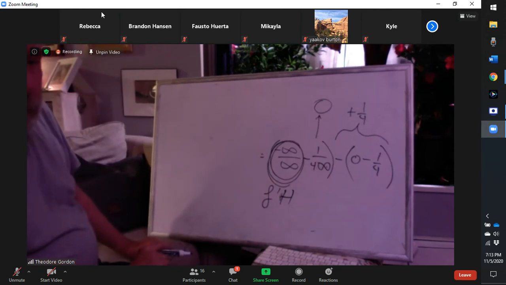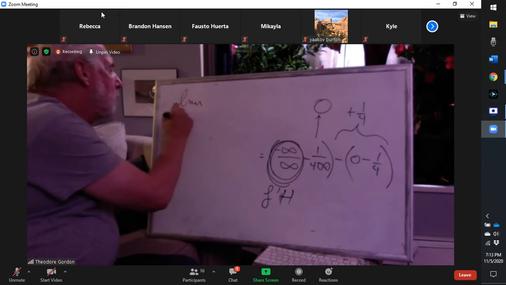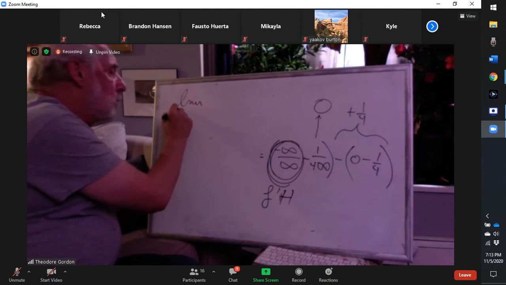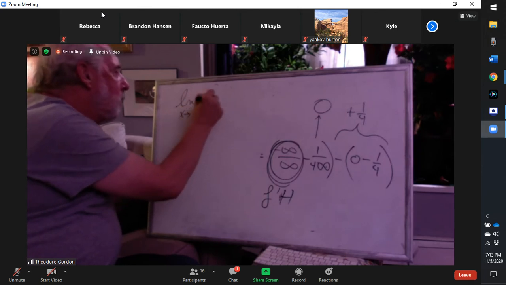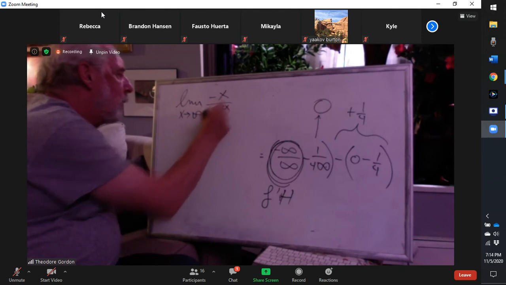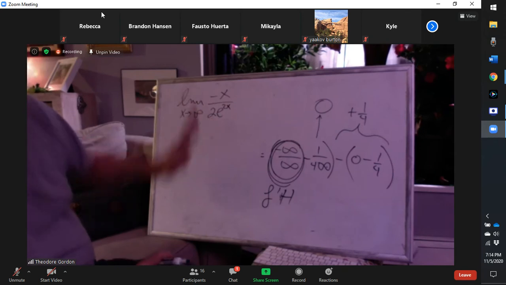So we have to use L'Hopital. So this would be the limit as x goes to infinity of negative x over 2 times e to the 2x. I think that's what that piece was. Am I right? Yeah, I'm right.